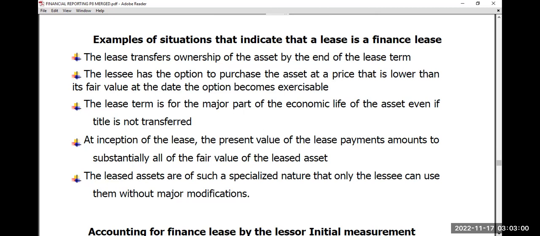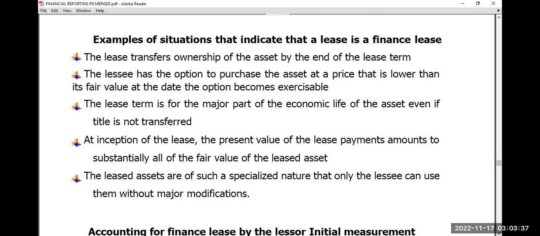If it is a car, it has lost value, and you can't even modify it or use it. It's like the person has almost bought the asset.